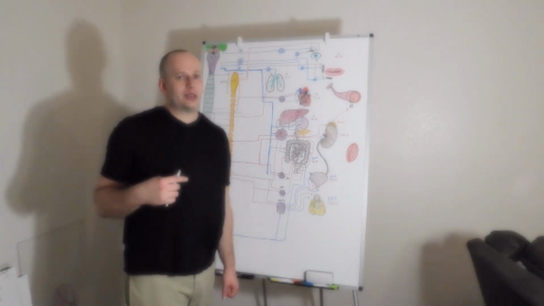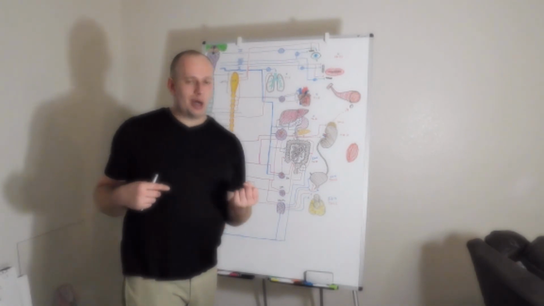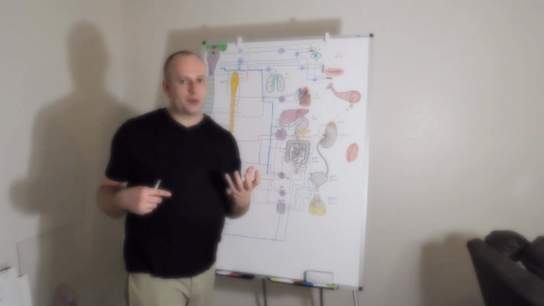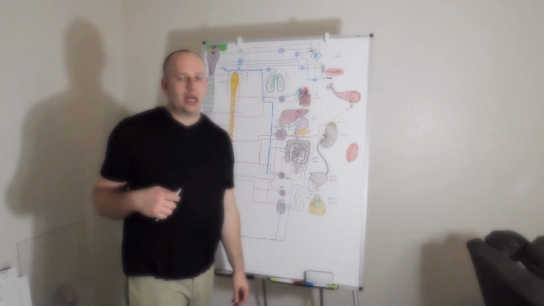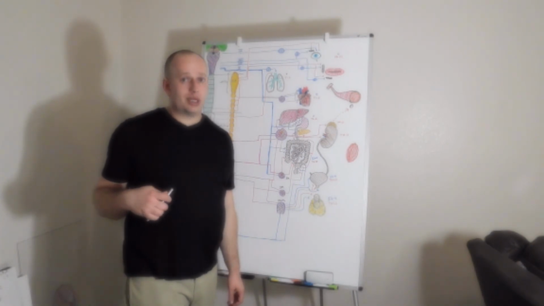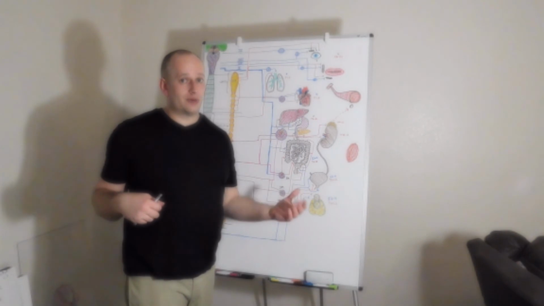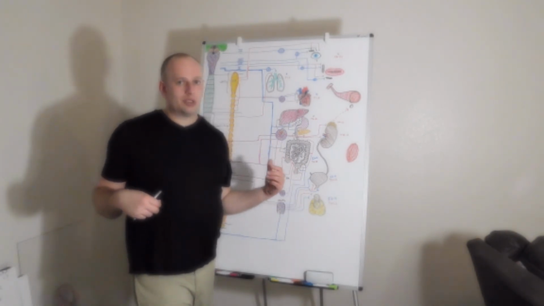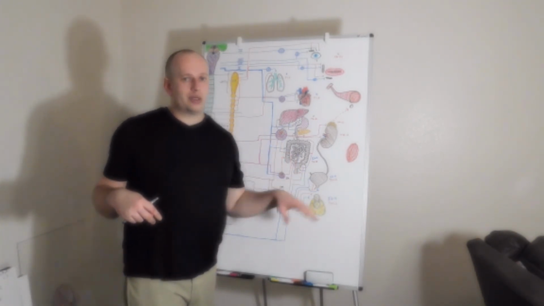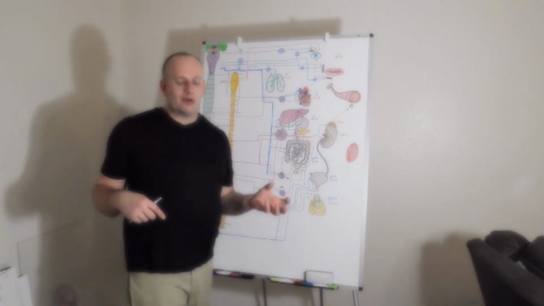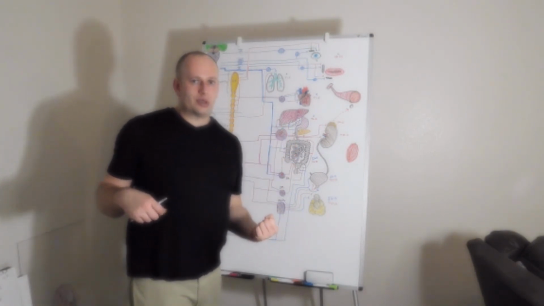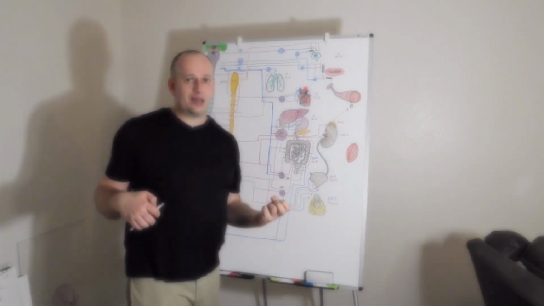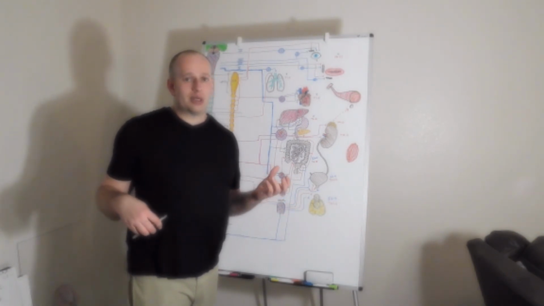Inotropy is basically how much your cardiomyocytes contract, and that's by modulating calcium signaling, by activating phospholamban, your L-type calcium channels, and basically increasing the function of pumping calcium back into the sarcoplasmic reticulum, making it happen faster, and increasing how much calcium is released.